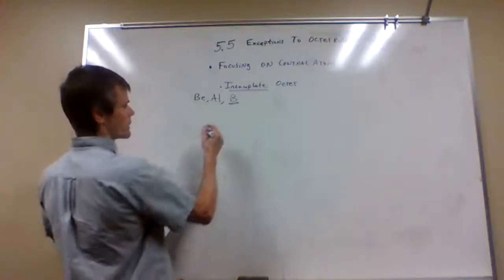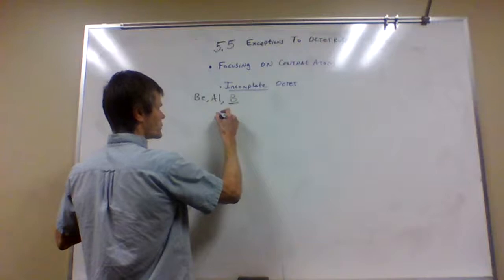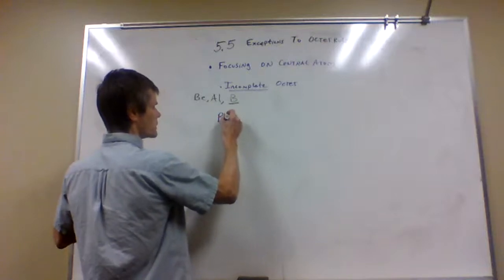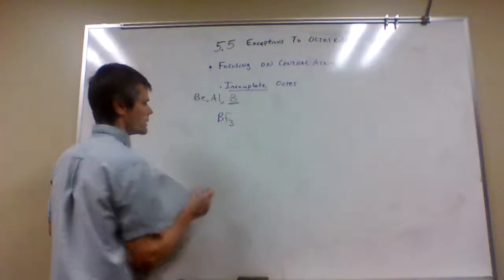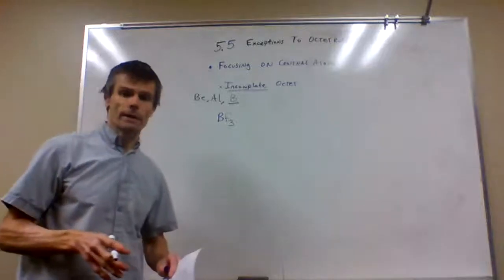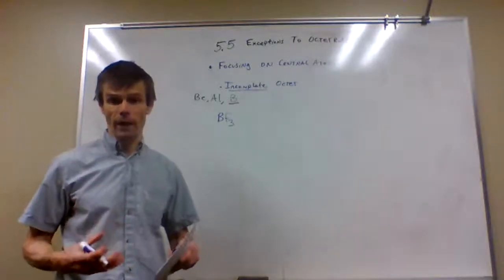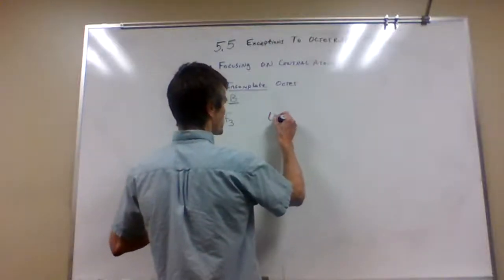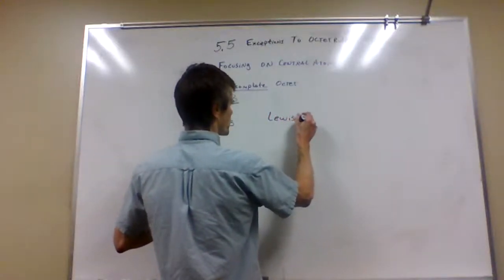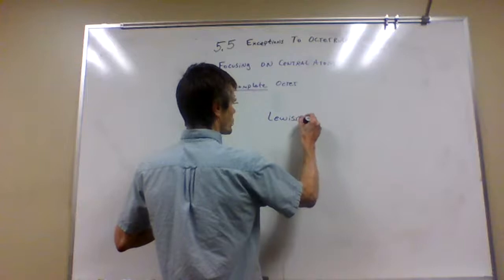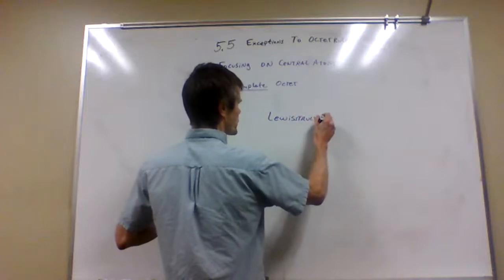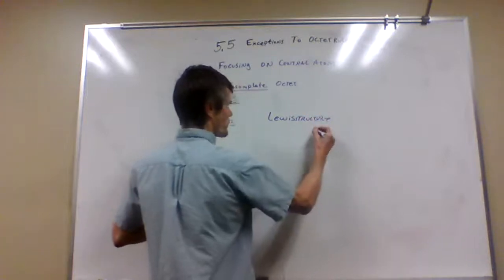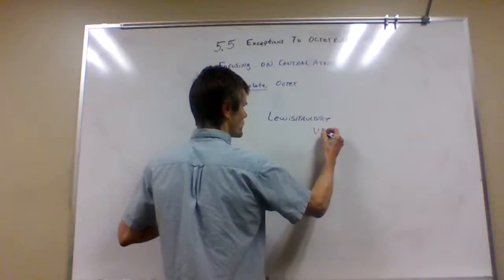Let's consider a compound composed of boron and fluorine. This would be boron trifluoride. And let's go through the steps of writing a Lewis structure. We should remember the steps we go through. We count up our valence electrons, VE.